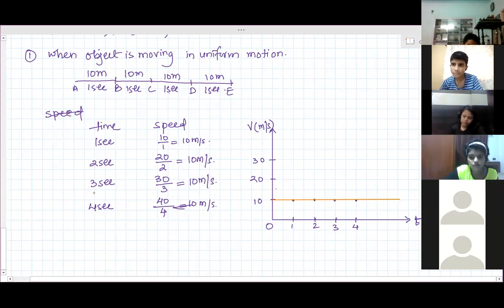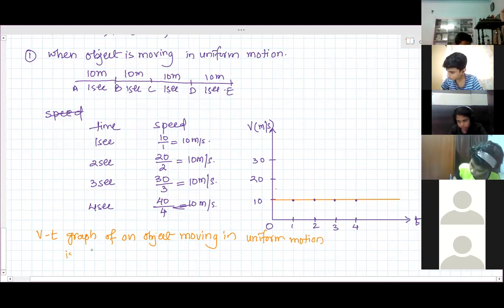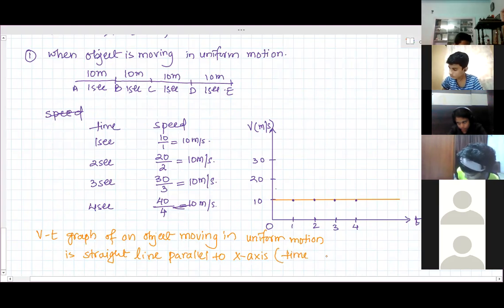So in uniform motion, the VT graph of an object moving in uniform motion is a straight line parallel to the x-axis, that is the time axis.